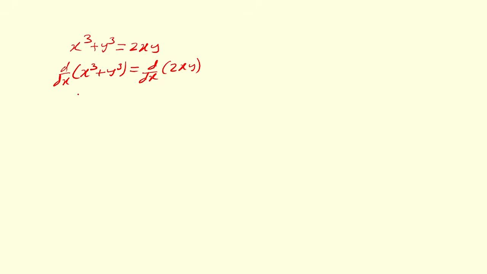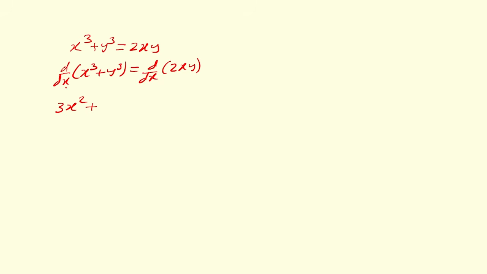Now let's see. Equation of the curve: x cubed plus y cubed is equal to 2xy. Now first find dy by dx. Differentiate both sides with respect to x. d by dx of x cubed plus y cubed is equal to d by dx of 2xy. Now apply the addition rule. So d by dx of x cubed is 3x squared, plus d by dx of y cubed.